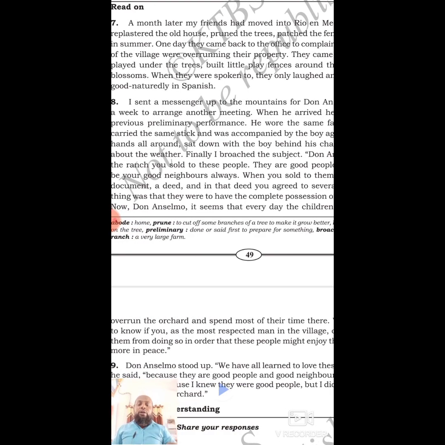So the Americans are complaining in front of Sedillo in the office room that they have purchased this land, and the children of Rio Medio overrun the property, cutting the blossoms, making noise and shouting, this kind of disturbance. Can you make this clear understanding? So what happens here?